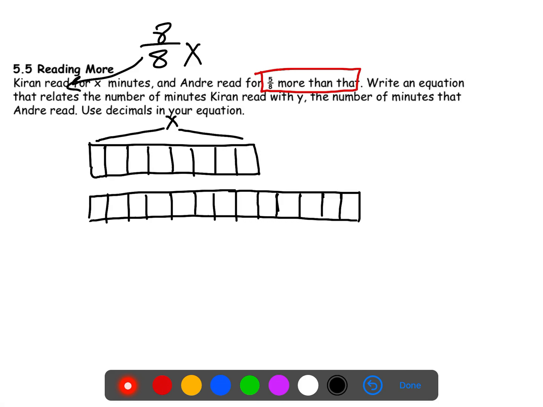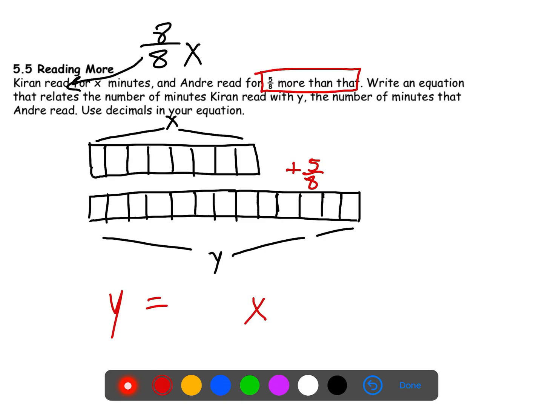So combining those, our Y amount is going to combine the 8/8 from Kieran, the extra 5/8, which we can put kind of like this, the extra 5/8 for Andre, and now we need to write our equation. So our Y amount is greater than our X amount.